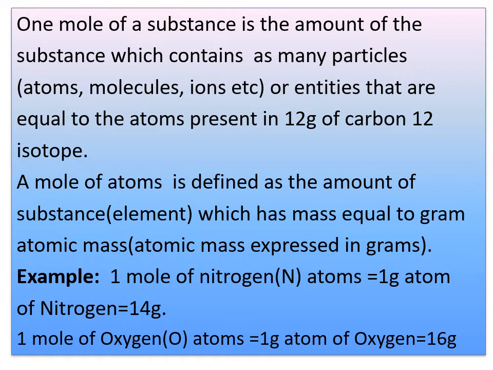Just listen carefully, children. 1 mole of nitrogen atoms is equal to 1 gram atom of nitrogen, that is the atomic mass of nitrogen, which you know is 14 g. So 1 mole of oxygen atoms, that is 1 gram atom of oxygen, gives you 16 g. Children, you have to remember the atomic masses I told you. That is more important in this lesson.